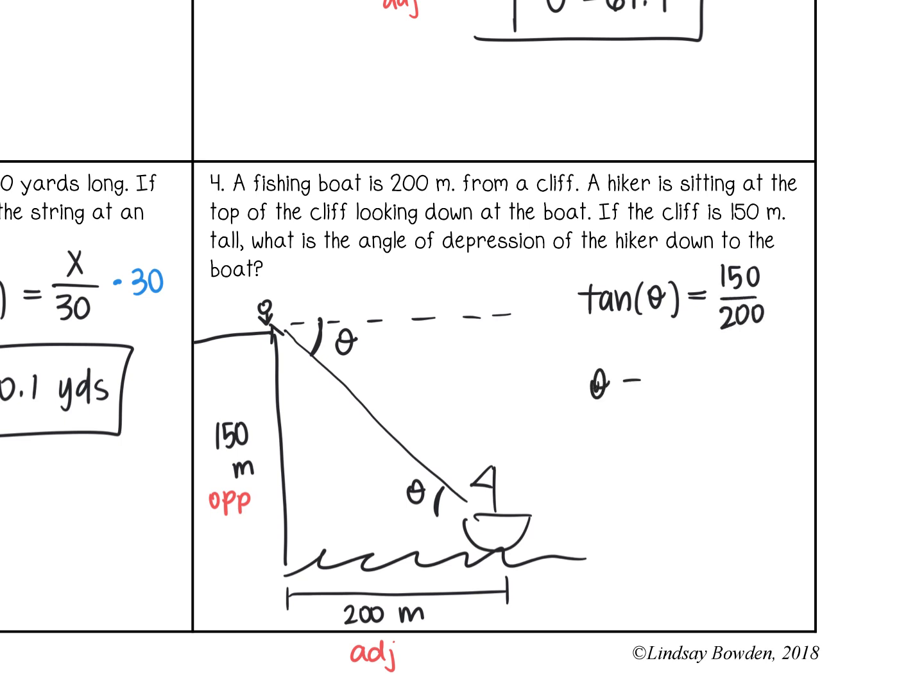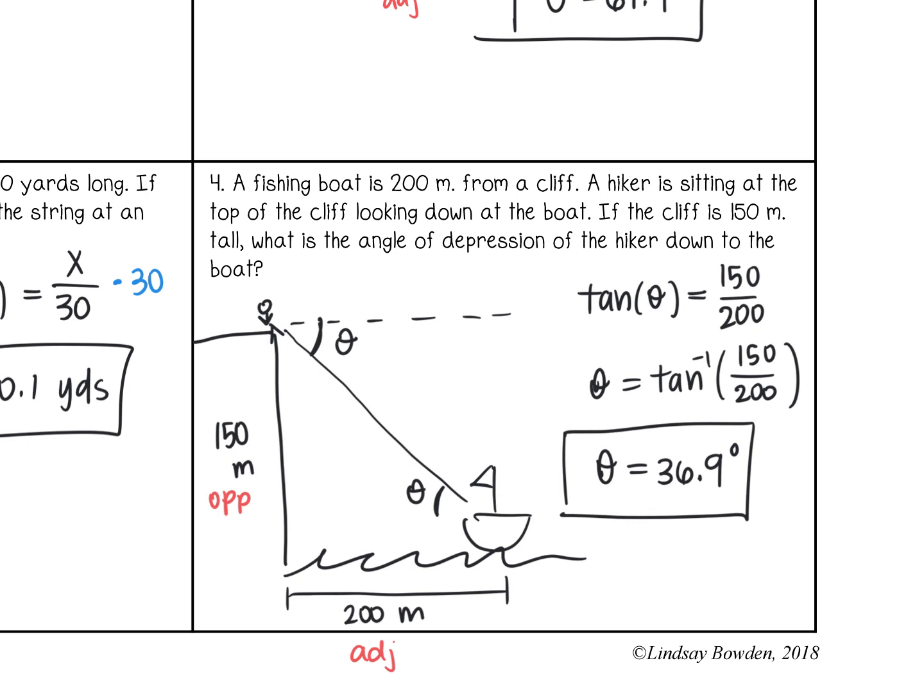So theta is going to equal the tangent inverse of 150 over 200. So we're going to get that the angle of depression is 36.9 degrees.